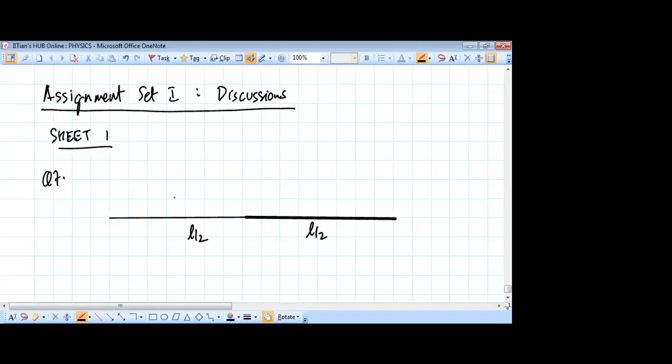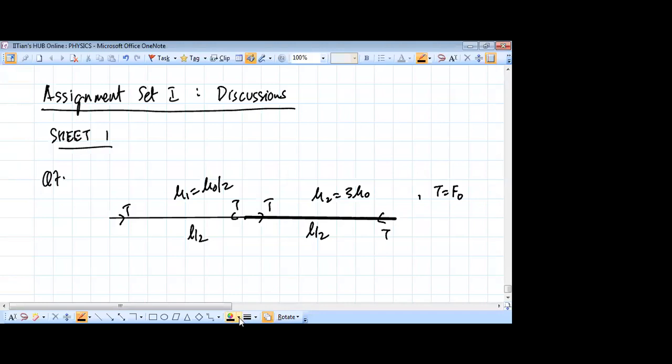This has a linear mass density of mu naught by 2, and this has a linear mass density of 3 mu naught. And the common tension in the string, because the junction will have net force 0, so the tension is the same on both sides. So this tension everywhere is equal to F naught.